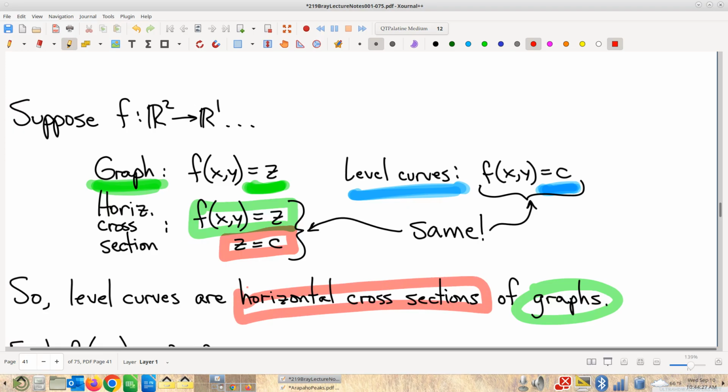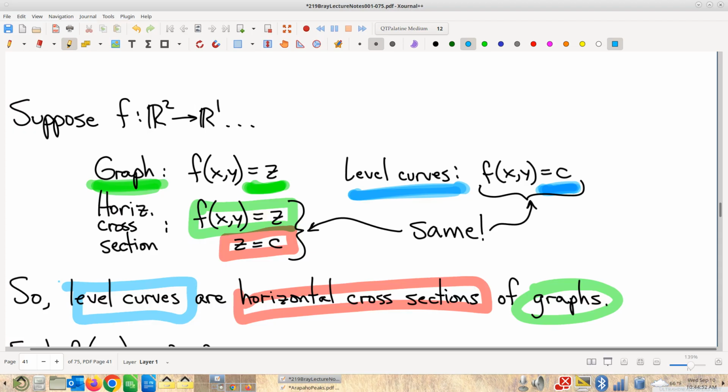If I set f equal to z and z equal to c, in effect, I have set f equal to c. So in fact, and I'm going to say this deliberately sloppy, I will fix my sloppiness in a couple minutes here, but level sets are horizontal cross sections of graphs. Really nice little connection.